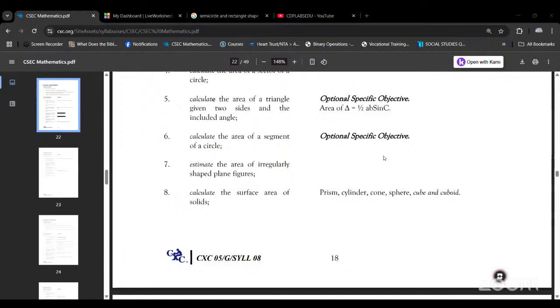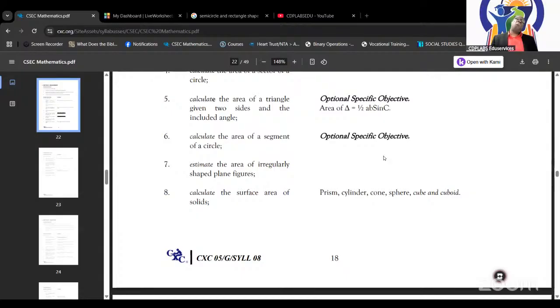Rhombus? Yeah. Not really. Just imagine it. Not a rhombus.